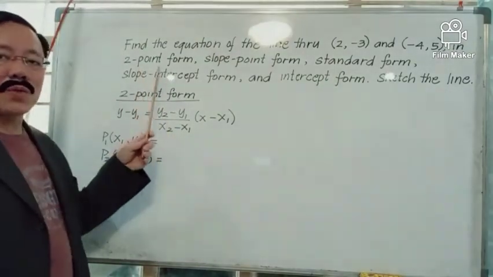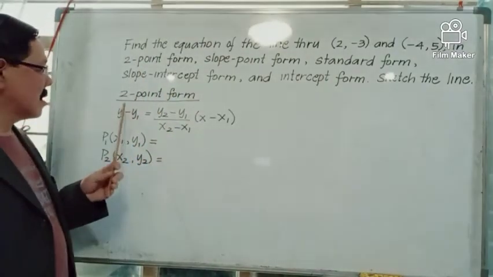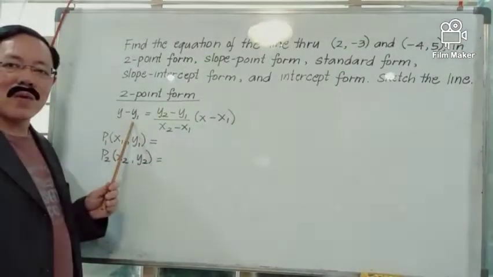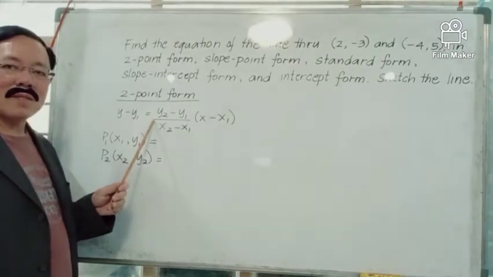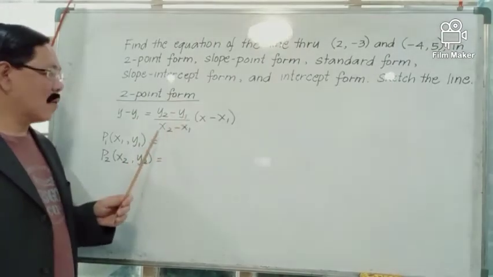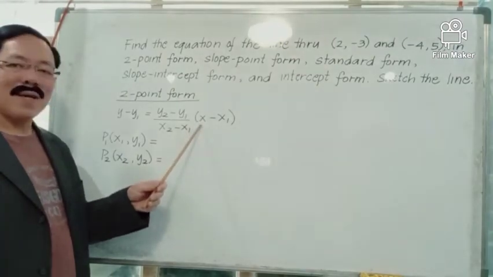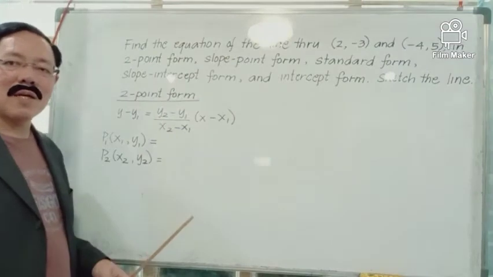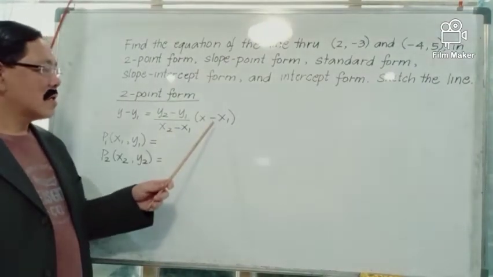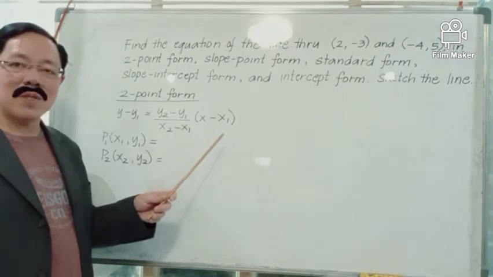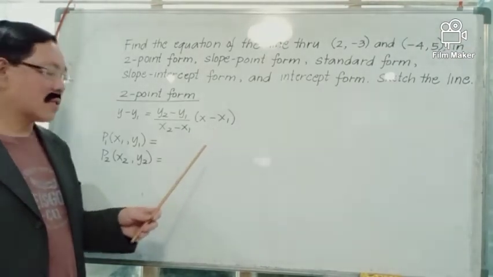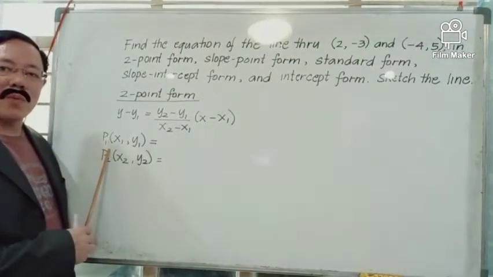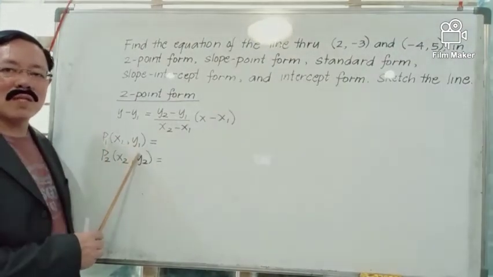We start with the 2-point form. The 2-point form is given by y minus y1 equals y2 minus y1 over x2 minus x1 times quantity x minus x1. As I said earlier, the coordinates of the 2 points are given, and the first point denoted by P sub 1 has coordinates x1, y1.